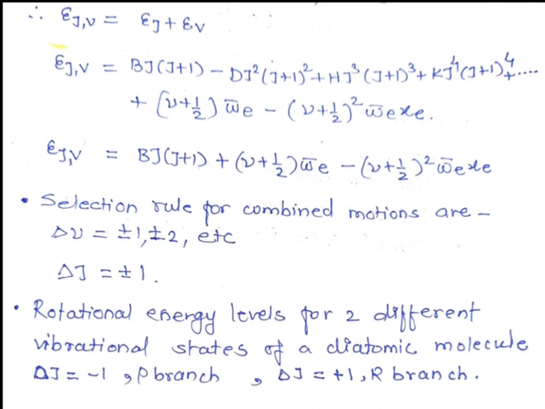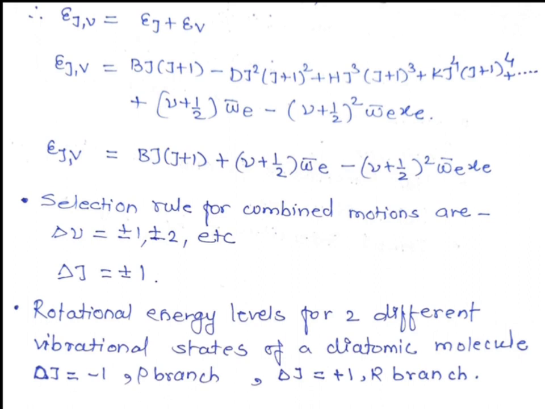So the equation is given here, Ejv is equal to Ej plus Ev. Here Ej is the rotational energy and Ev is the vibrational energy. So Ejv is equal to Bj(j+1) minus Dj squared (j+1) squared plus Hj cubed (j+1) cubed plus Kj raised to 4 (j+1) raised to 4.